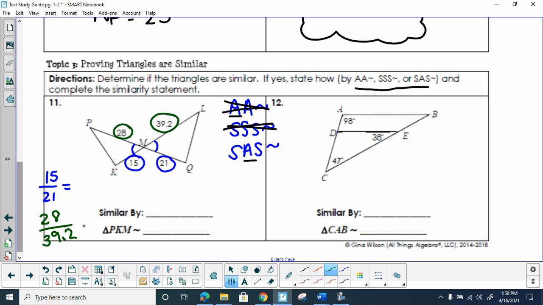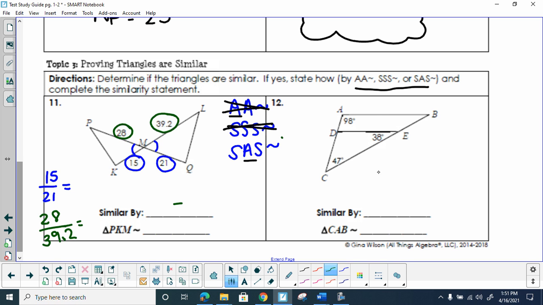That might be your best bet. Turn them both into the same decimal, or turn them both into decimals. Okay. If they are the same, then you're going to pick a side angle side similarity. That's what you would write on this blank. Okay, if those two come out to be the same decimal. Okay. If that does come out to be true, then you would fill in the similarity statement.